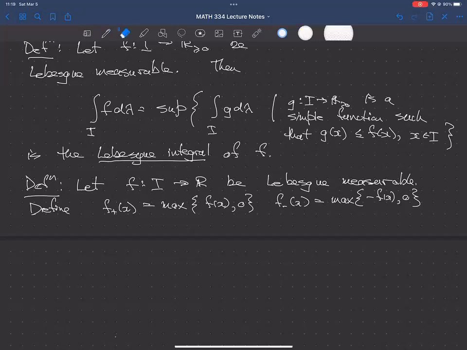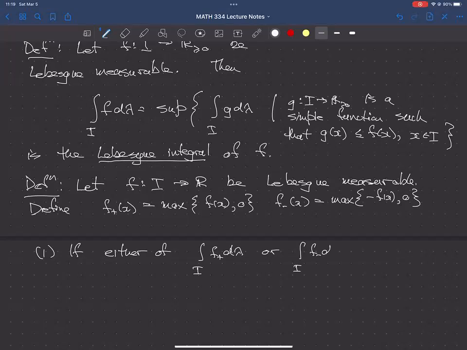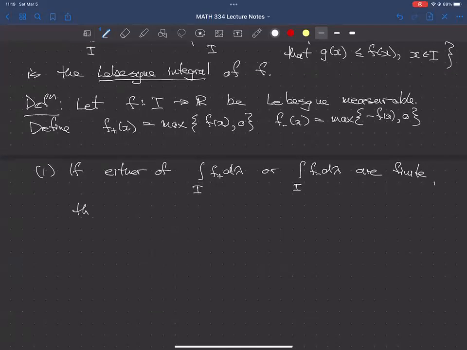All right, so then, if either the integral over I of f plus d lambda, which makes sense, or the integral over I of f minus d lambda, again, both of these make sense because f plus and f minus are non-negative, if either of these is finite, then the Lebesgue integral of f exists. That's the terminology we use.